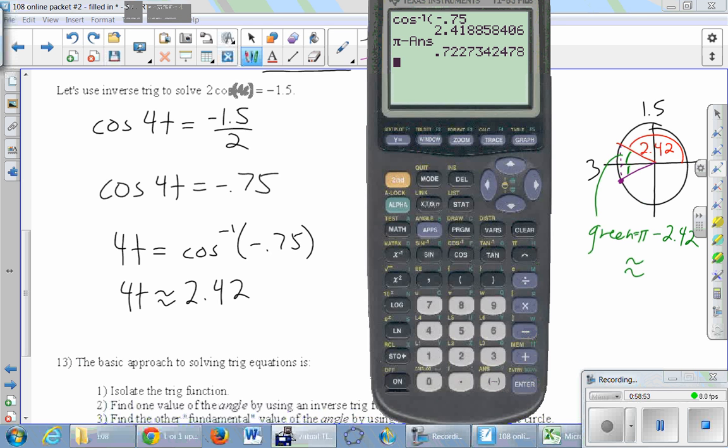That's 0.722, say about 0.72, which means that purple, I haven't drawn purple yet, purple is this guy, must be half a revolution, pi, plus the extra green, which is this 0.72. So pi plus 0.72, so about 3.86. So that's our other fundamental answer.